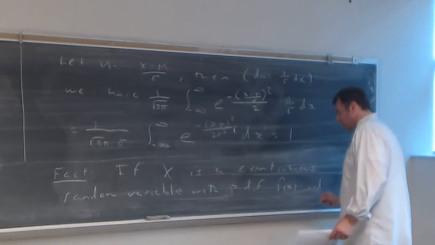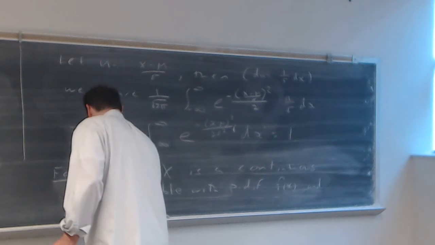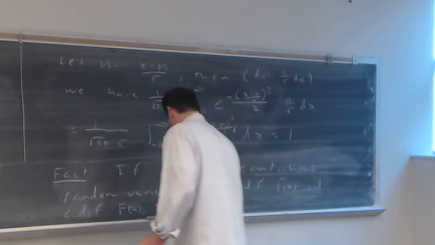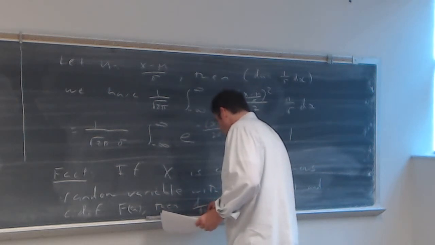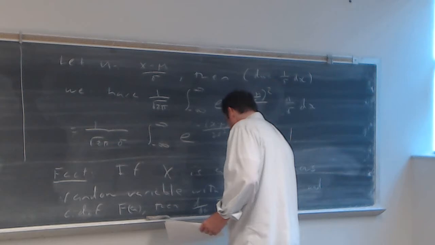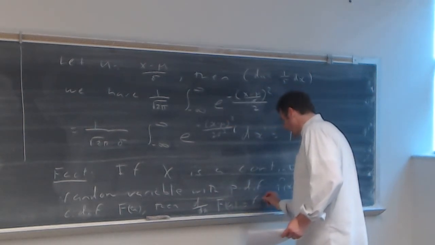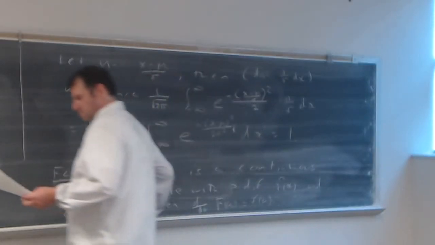And let's say CDF, I'll write it down, F of a, then the derivative with respect to a of F of a, the CDF, is equal to the PDF evaluated at a. Let's prove this.